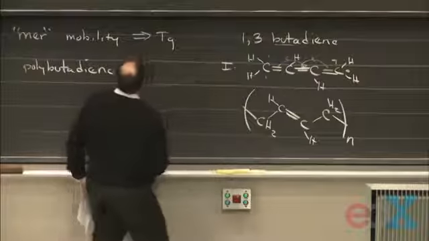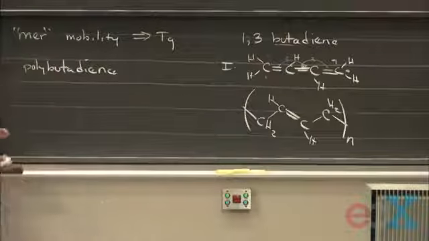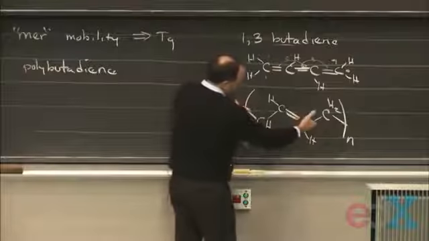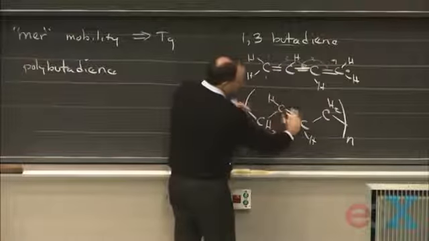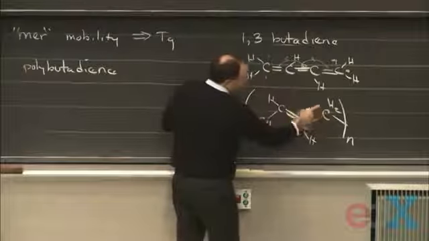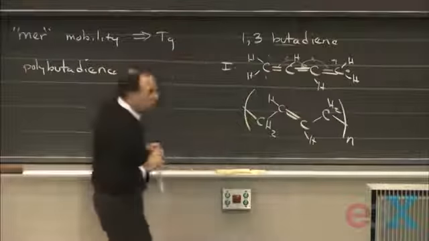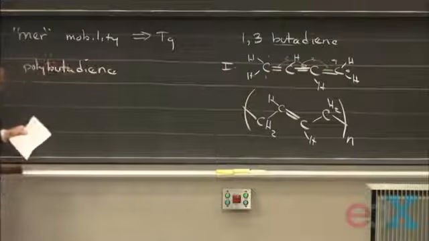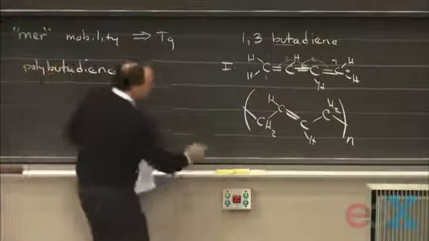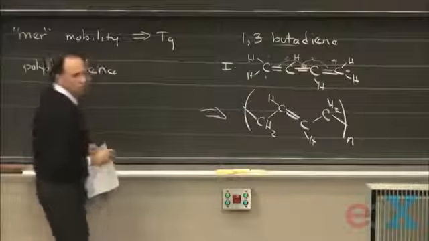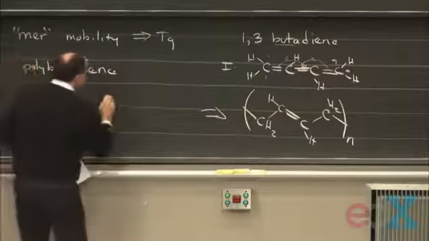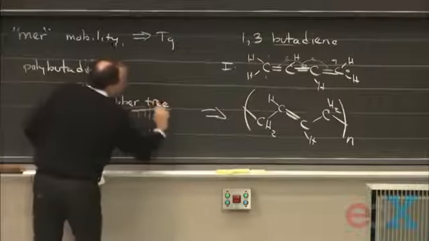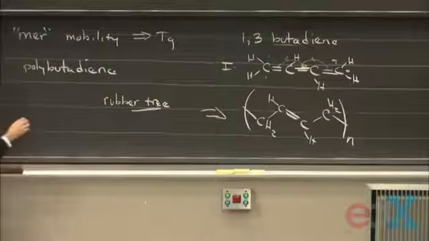But this is polybutadiene, and you can see this material is restricted turning here, but it's easy to bend, can rotate at these carbon-carbon single bonds. And in fact, this is a naturally occurring material. It's found in the rubber tree. It comes out as a latex.